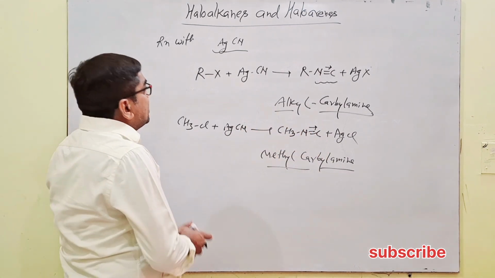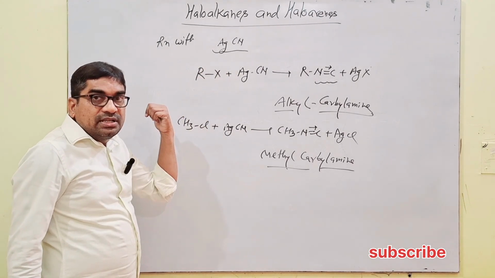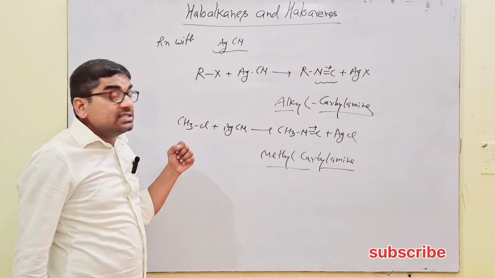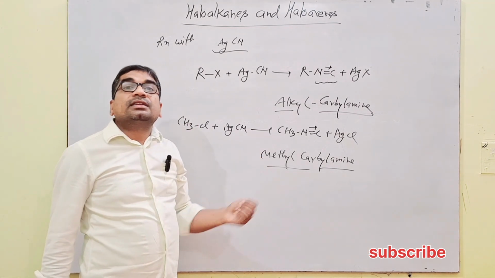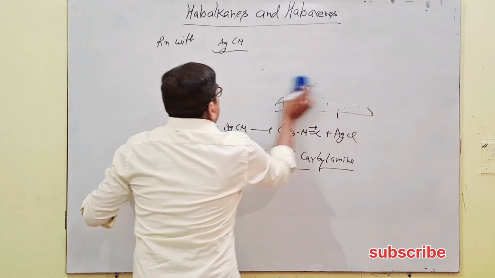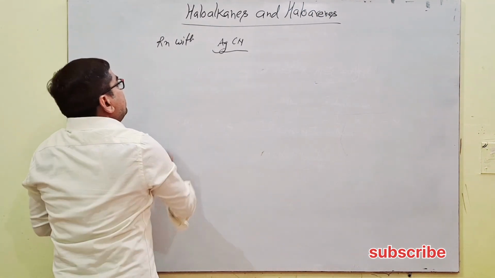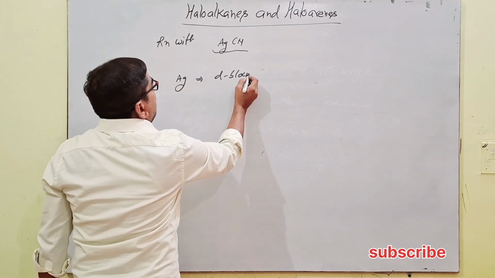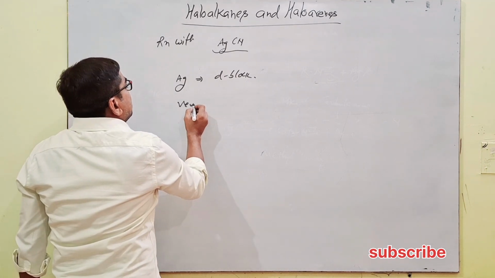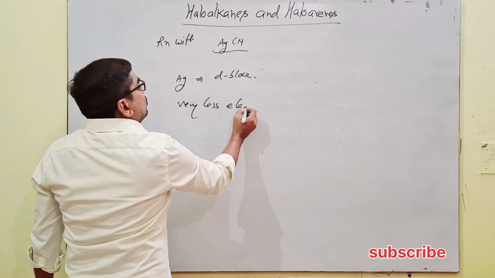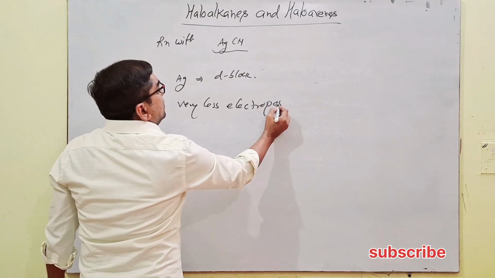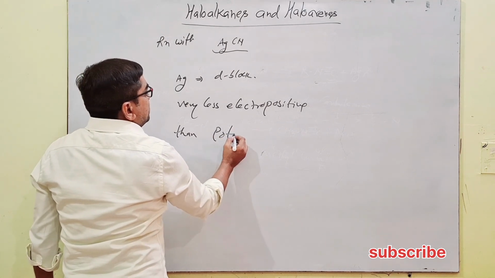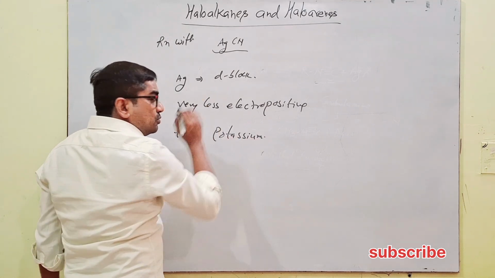Why? तो पोटेशियम साइनाइड का एक्सप्लेनेशन तो डिस्कस कर चुके हैं. It is due to the highly electropositive nature, highly ionic nature of KCN, and the carbon bond is stronger than the carbon nitrogen bond. So in AgCN, since silver belongs to the D block elements and this silver is very less electropositive than potassium, पोटेशियम के कंपैरिजन में बहुत ही कम इलेक्ट्रोपॉजिटिव होती है.